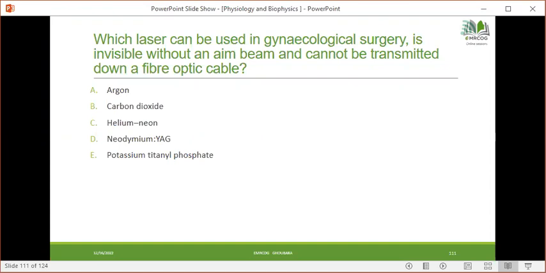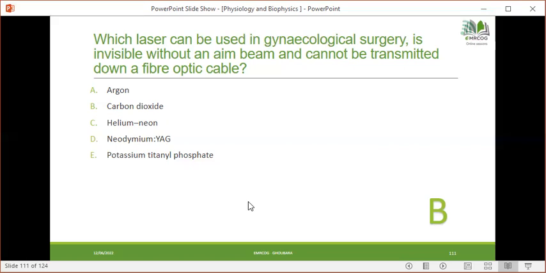So we are talking about a gas, and the only one that could fit what the question is saying is the carbon dioxide. Argon is also a gas, but it transmits a visible beam, and it's not transmitted through a fiber optic cable.